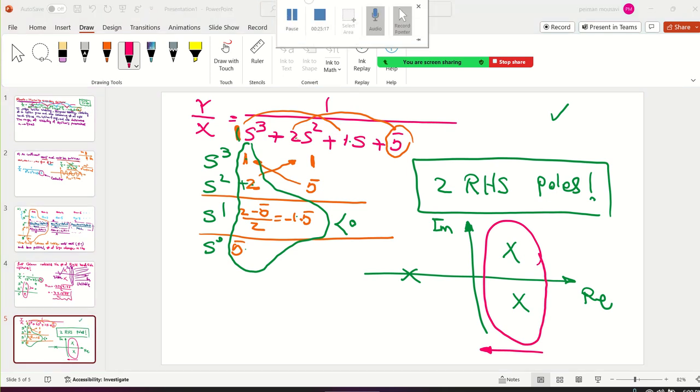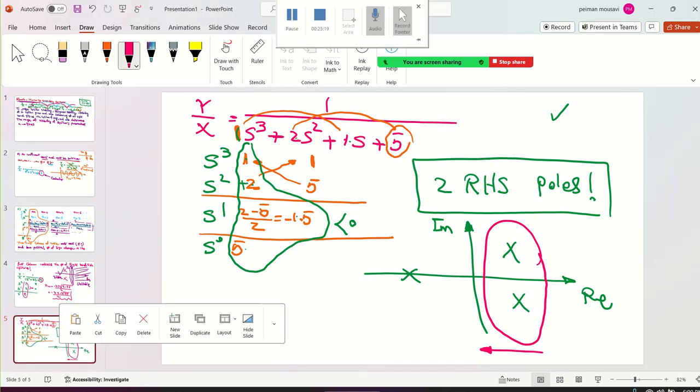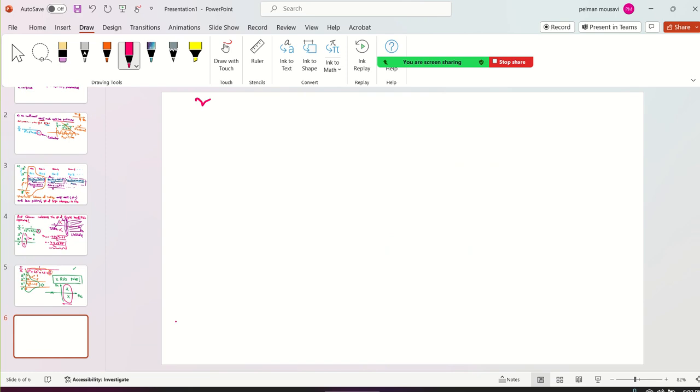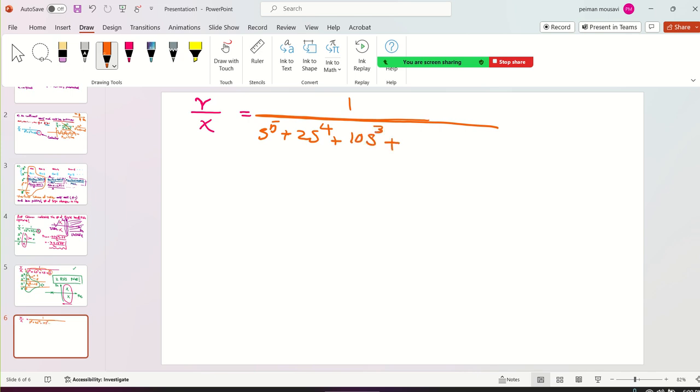Now let's go to a fifth-order system: s^5 plus 2s^4 plus 10s^3 plus 2s^2 plus 4s plus 10.